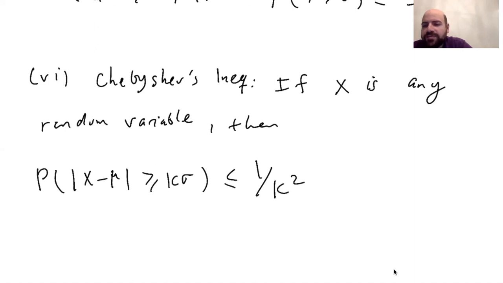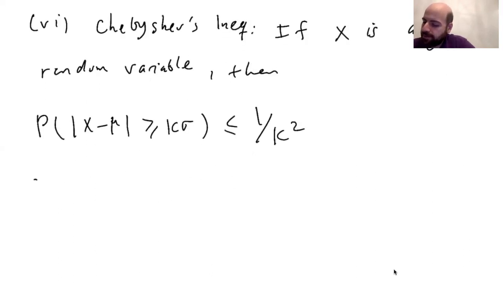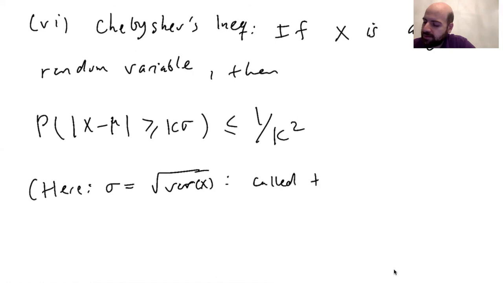Let's say if K is a big number, K sigma will also be a big number. By the way, here sigma is the square root of variance of X that we defined above, called the standard deviation.